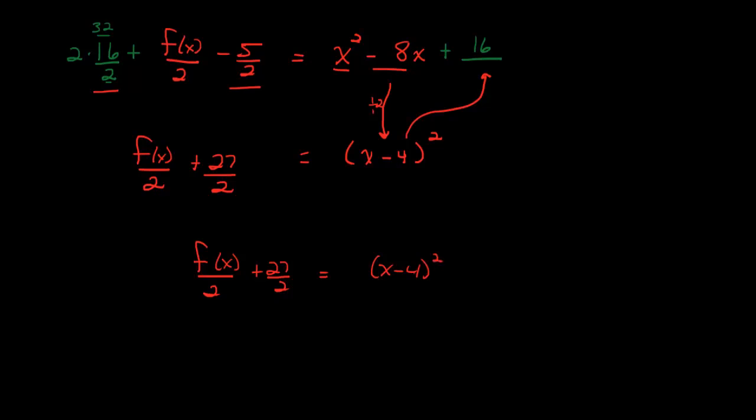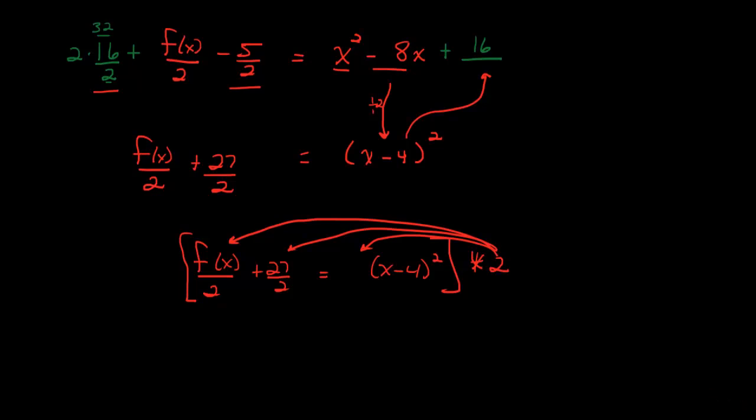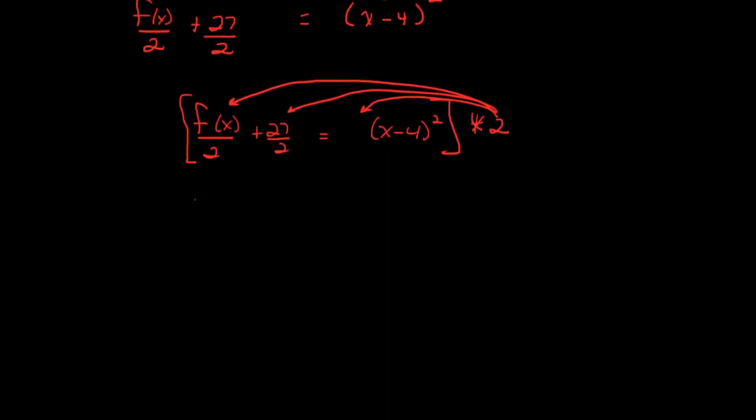In our last step, we have to solve for f of x. To make this easy on myself, I'm going to multiply every single term by a value of 2. By doing so, I see that this 2 cancels, so I have f of x plus, this 2 cancels, and I get 27.